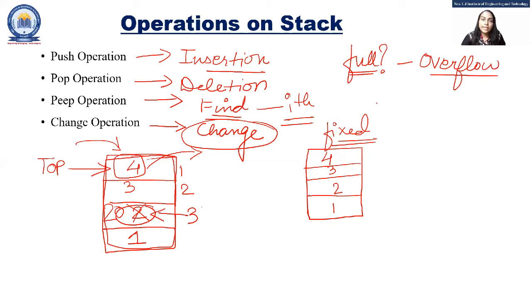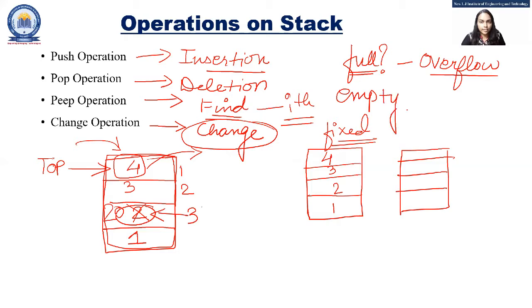And before deleting, we have to check one more condition, the empty condition, because students, if the stack is empty, we cannot delete anything, right? So it is again an error condition, which is known as underflow. These are the two conditions which we will check every time for different operations.